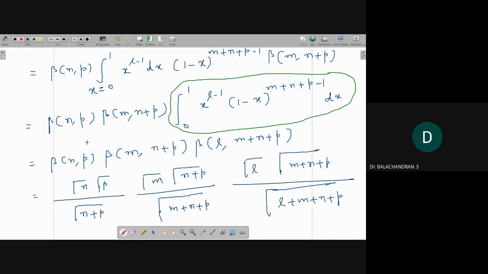You can cancel gamma of n plus p and gamma of m plus n plus p. So the remaining is gamma of l, m, n, p.